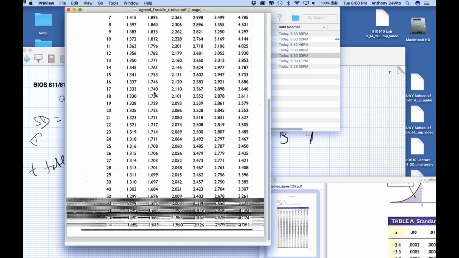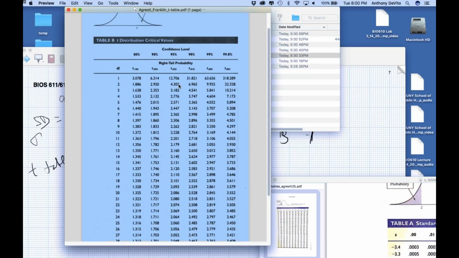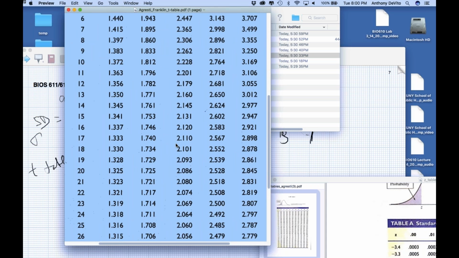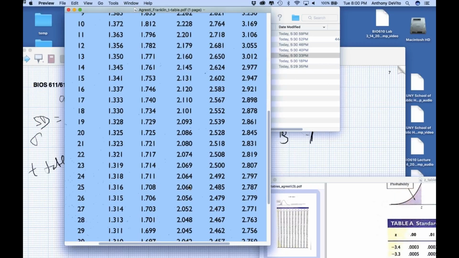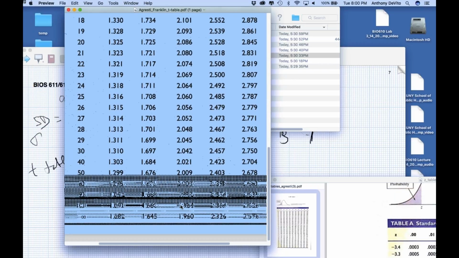Well, look what happens as you get larger sample sizes. As the sample size goes up, notice for a 95% confidence interval that the t-value goes down and down until eventually, for a very large sample, it's 1.96. It's basically the z-score for an infinitely large sample.